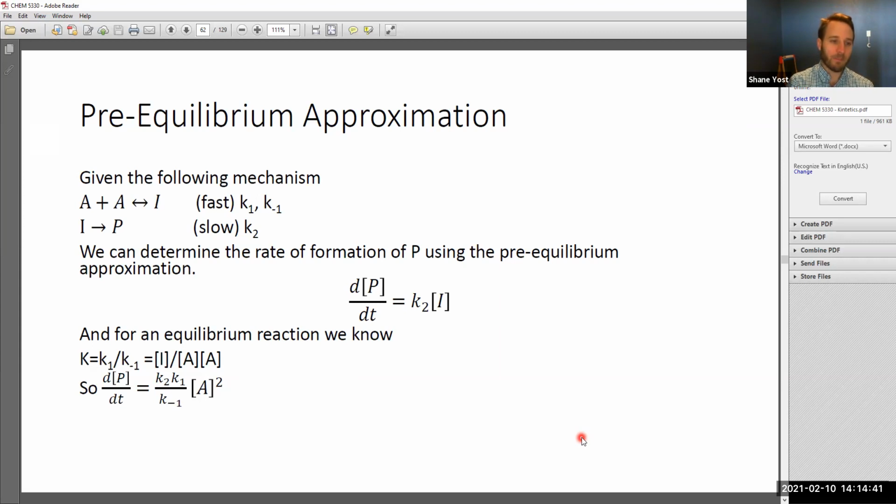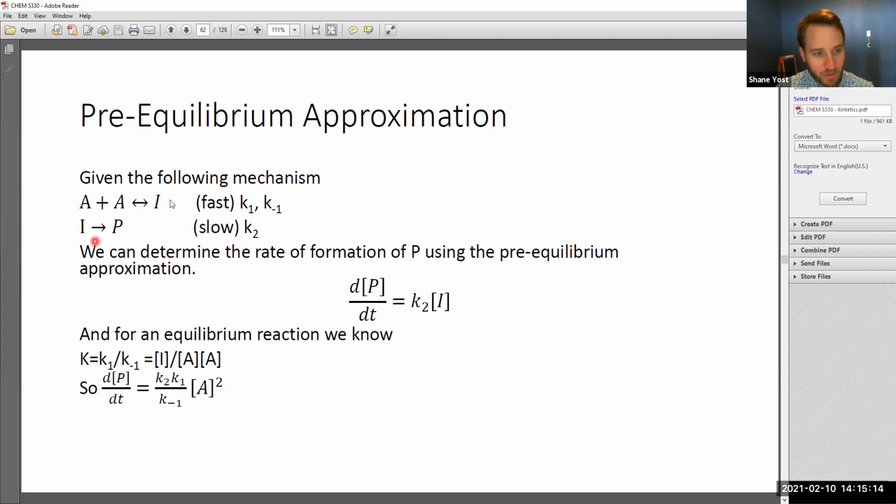So you mean there will be no equilibrium in the steady state? Like, every reaction moves toward equilibrium. So in the steady state approximation, the reactions are not going toward equilibrium? Yeah. Let's say I didn't know this was fast and this was slow, and I just had these reactions. The steady state approximation says that the concentration of I is relatively constant.